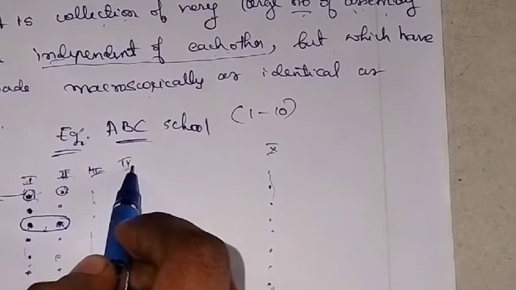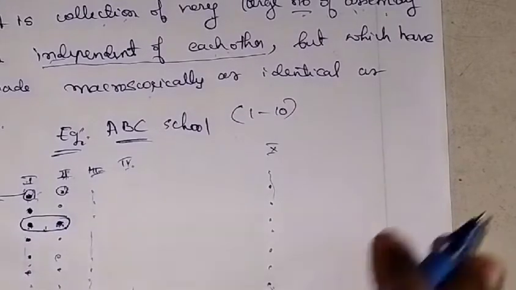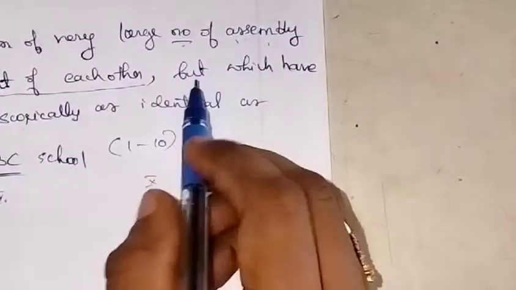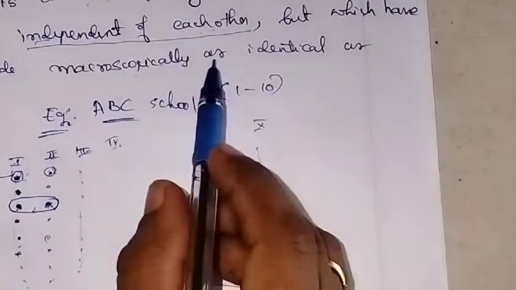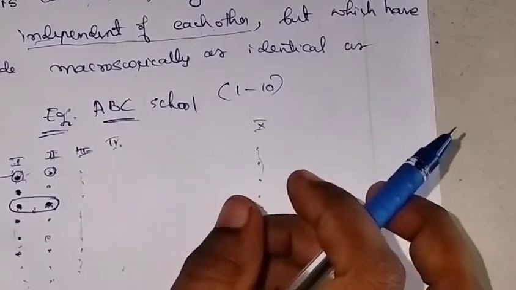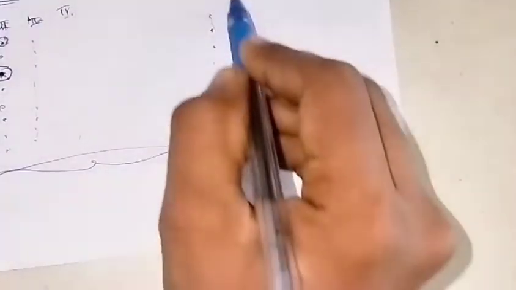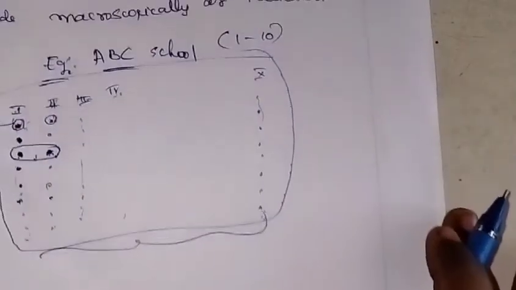So they are independent. Well, now what does the next statement state? Which have been made macroscopically as identical as possible. What is the meaning? Now, what do we call this entire assembly? Let me show you properly.